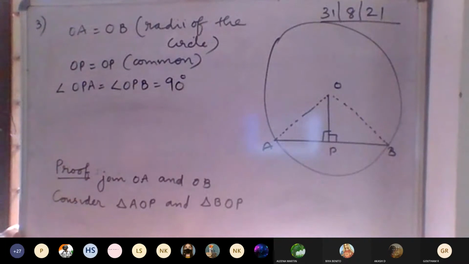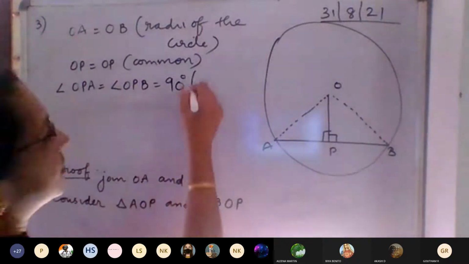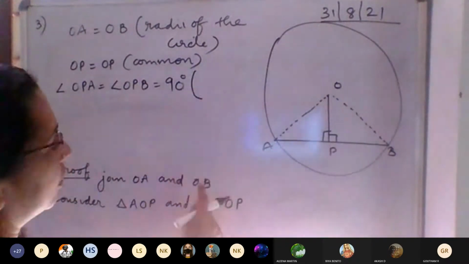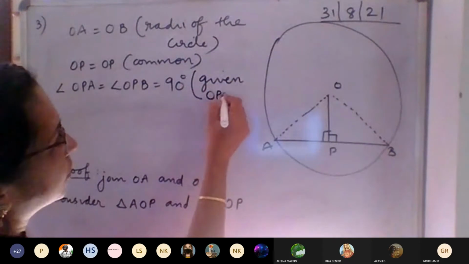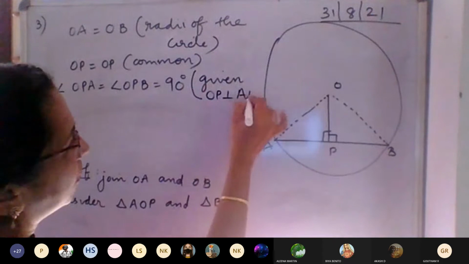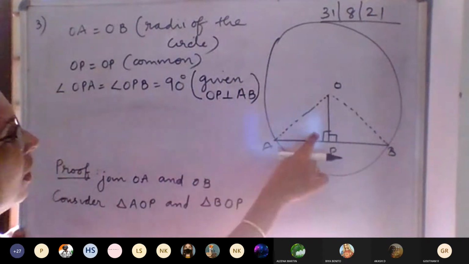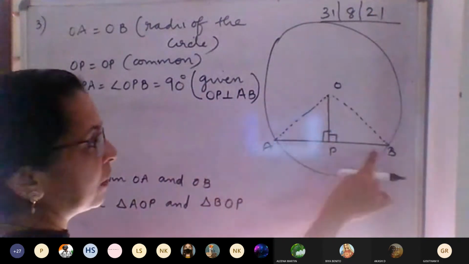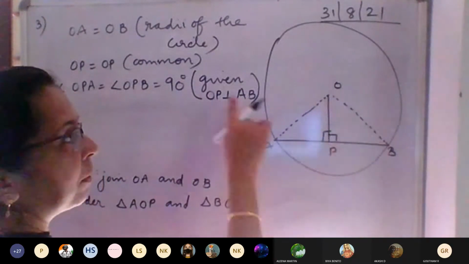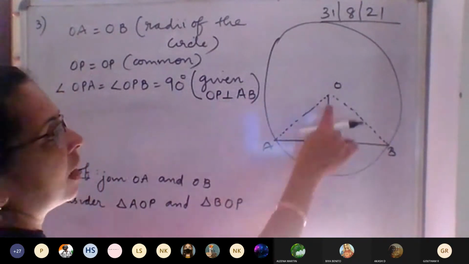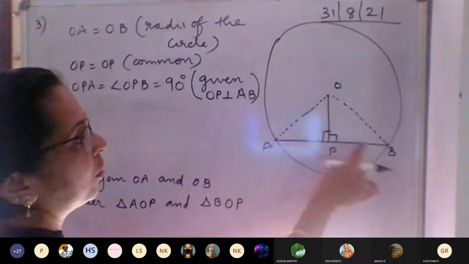That is given: OP is perpendicular to AB. That's why we wrote it this way. Since OP is perpendicular to AB, these two angles are 90 degrees, that is angle OPA is equal to angle OPB.